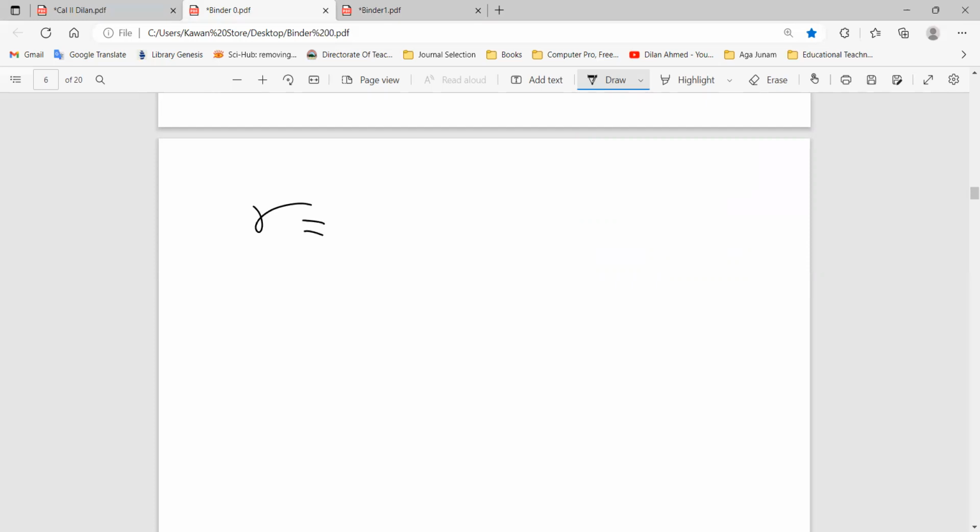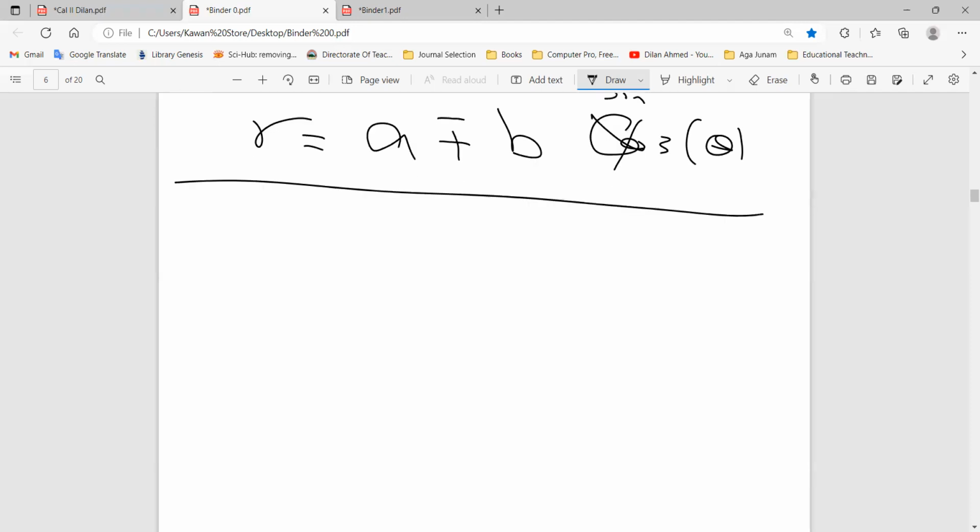Look and listen. A number, plus B cosine theta. Of course, sometimes that one will be minus. Of course, sometimes that one will be sine. So I have 4 shapes, but all the same.